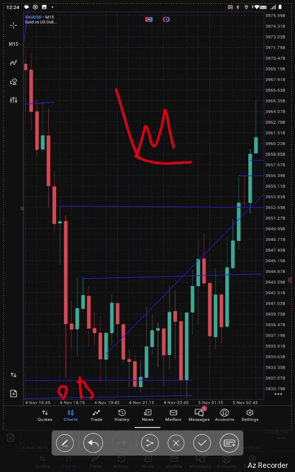So if the price does not break this low like this, it becomes a high low. How do we know? Because this area you see here is not just a break, a little break, and then a retest of the OB. After the retest of the OB, the price came down here and made the swing high.